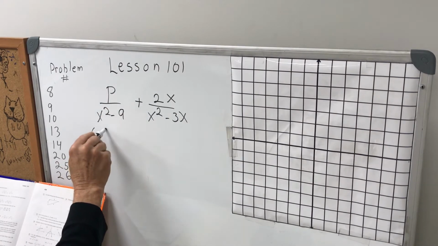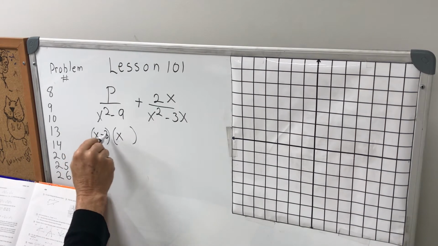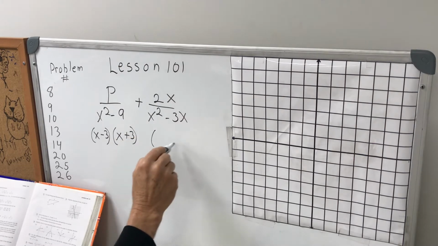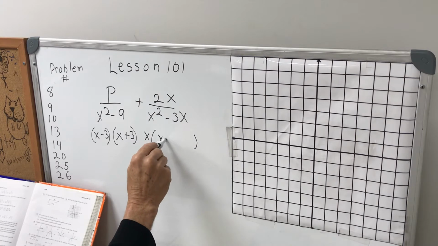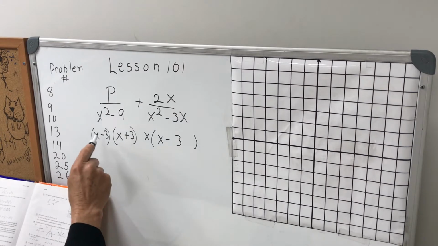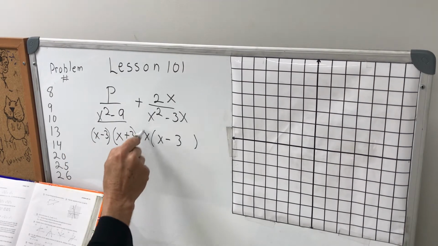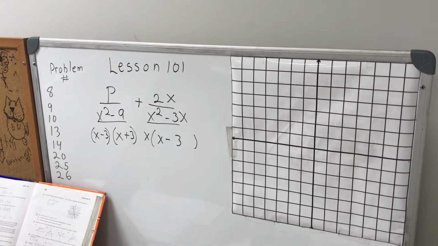In this case, this is going to be x negative 3 and x positive 3. And this one's going to be an x negative 3. I factor out the x. Are you with me on that? X negative 3, x positive 3 equals this. Factor out an x and we have x negative 3 left. There's your common denominator. Okay?